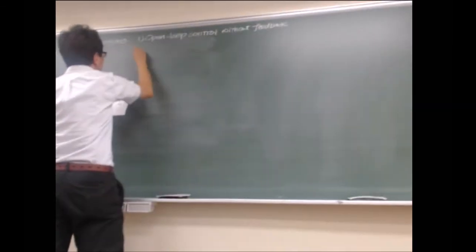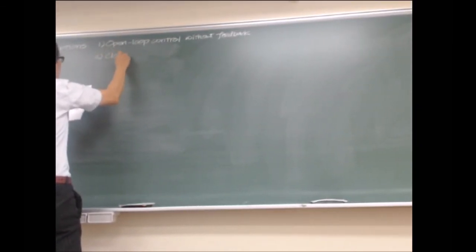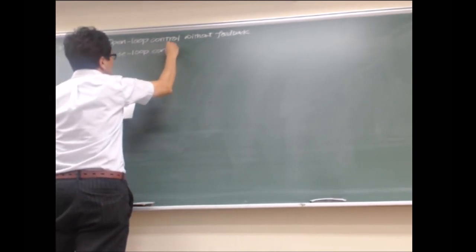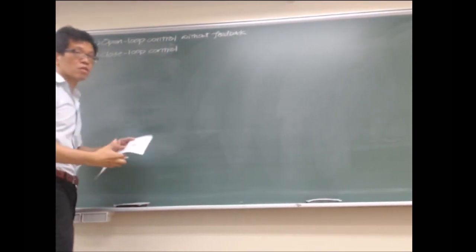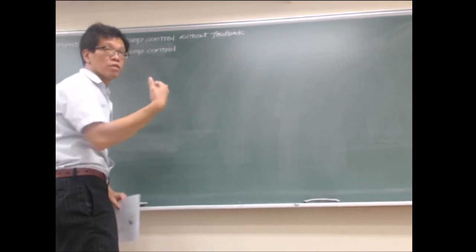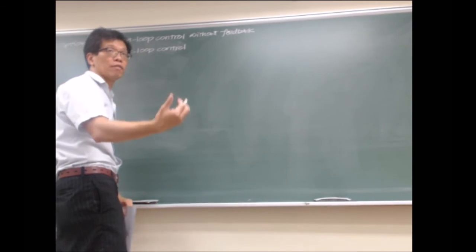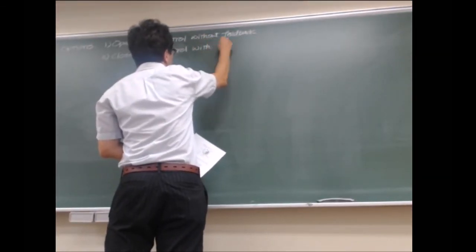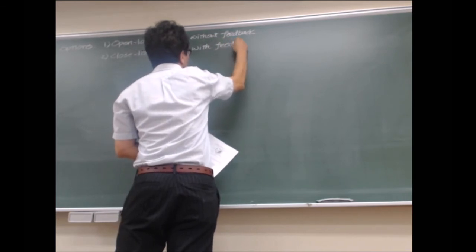The second option is closed loop control. The difference between open loop and closed loop is whether we have sensors and whether we have control feedback. So this one certainly we're going to have feedback.